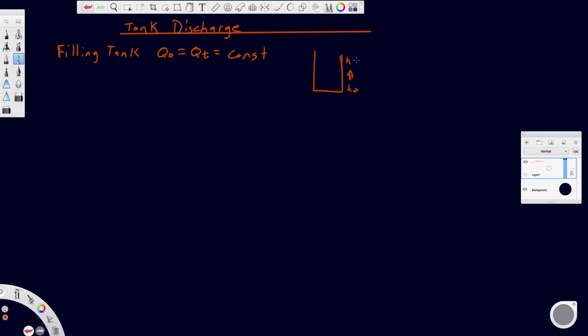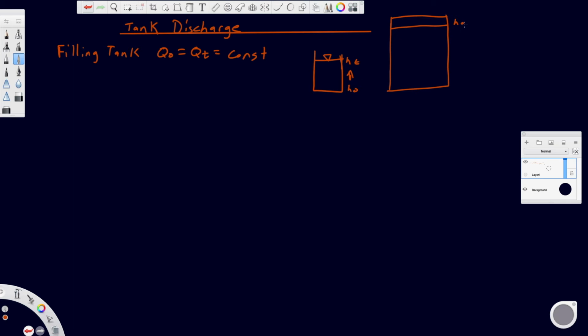So you're going to fill this tank up. If you're hooked up to a municipal distribution system, somewhere in that system is probably a 10 million gallon clear well or something. At T naught, your initial time, you have some initial height H naught.